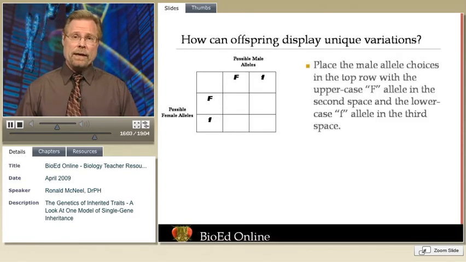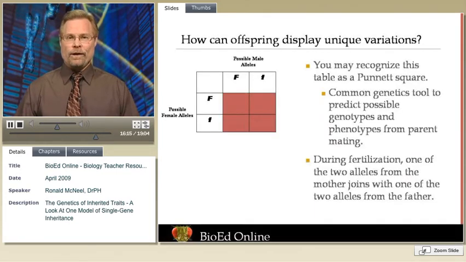Now let's place the male allele choices for the sperm in the top row with the uppercase F allele in the second space and the lowercase f allele in the third space. You may recognize this as a Punnett square.